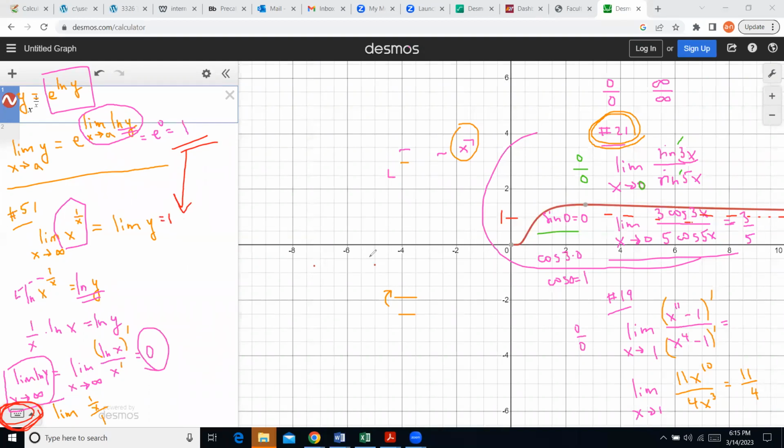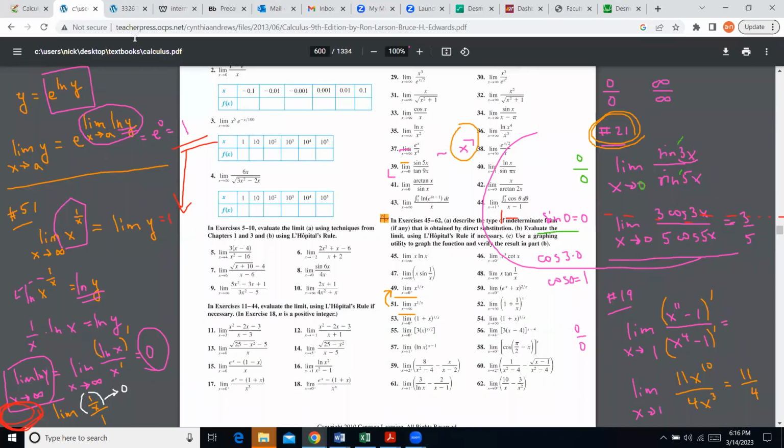So logarithmic approach and then L'Hopital's rule takes care of exercises of this kind. So I think it'd be a good idea that you try to do this exercise again before next time, and maybe try to do another one similar to this and see if you can get the answer.